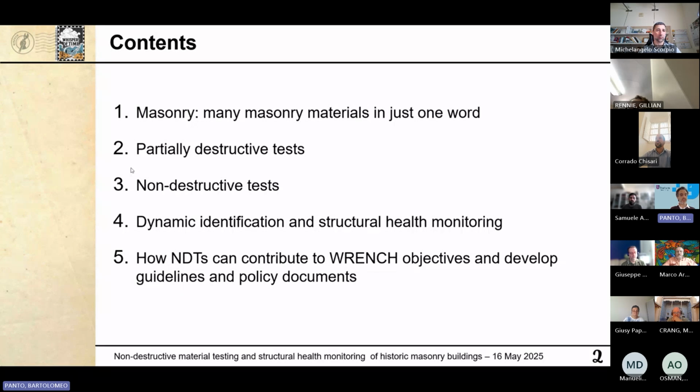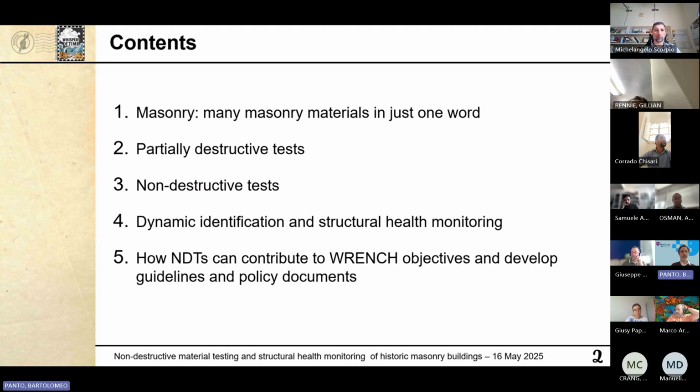Point 3 and point 4 are the core of this presentation. In point 3, the non-destructive tests will be focused on evaluating the characteristics of the material. In point 4, discussing structural monitoring, we look at the techniques to investigate the response of the structure itself.